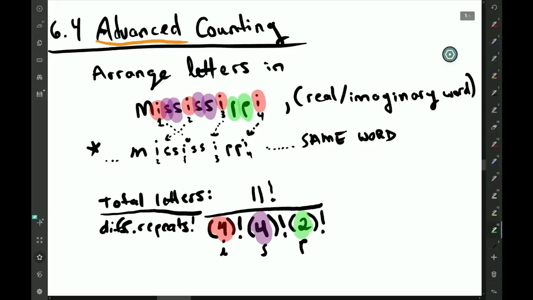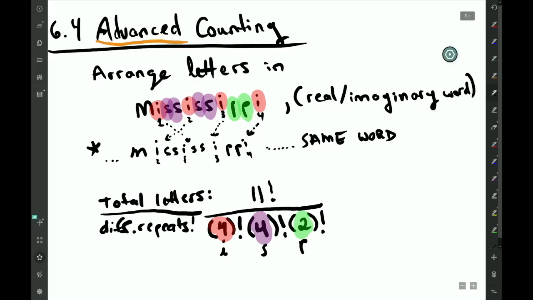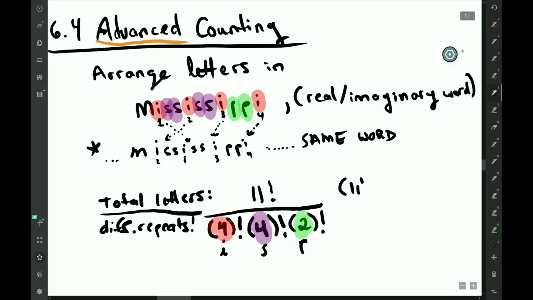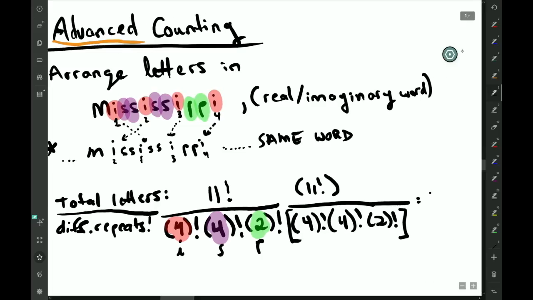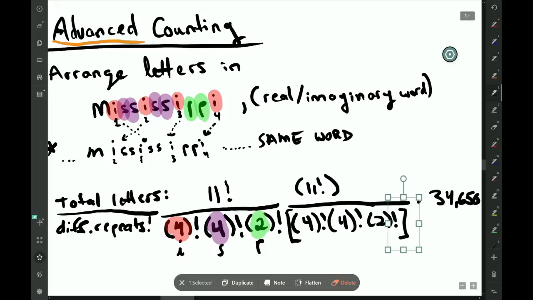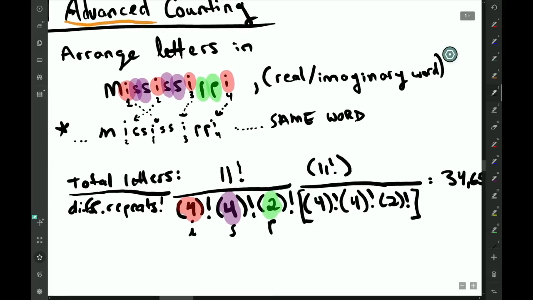Typing all that in your calculator, I would recommend doing 11 factorial in parentheses and dividing by, if you put it all in, 4 factorial times 4 factorial times 2 factorial, all in one chunk, 34,650. Okay, 34,650 ways to arrange those letters that repeat.